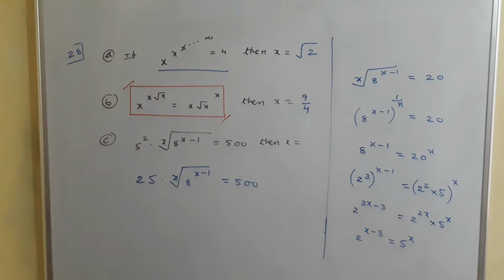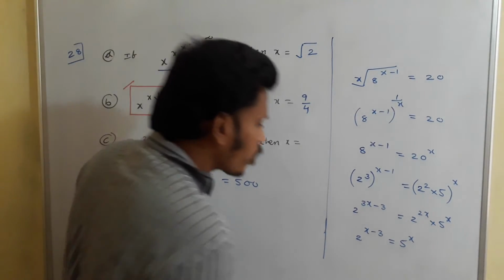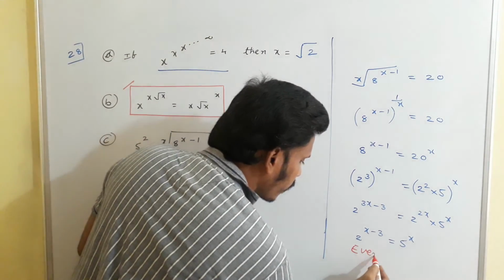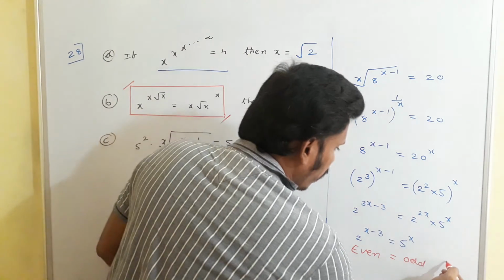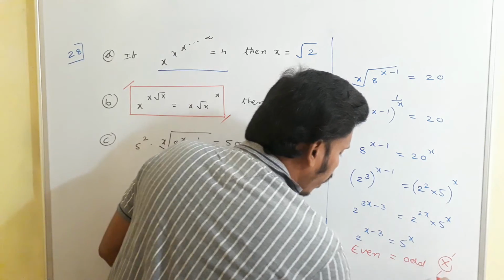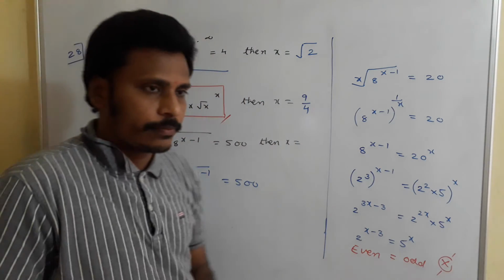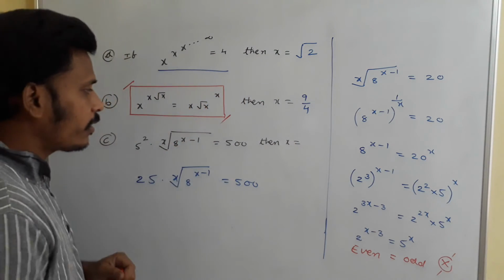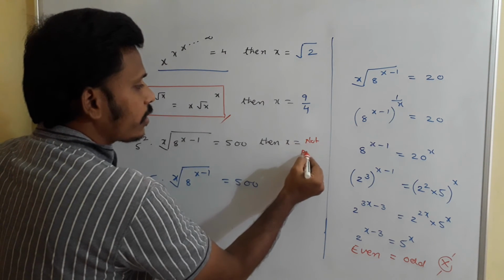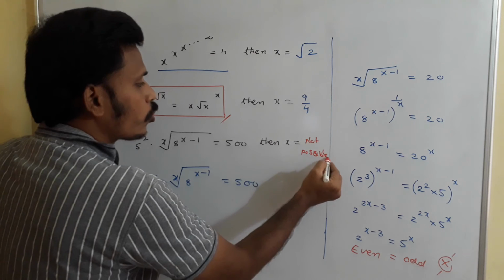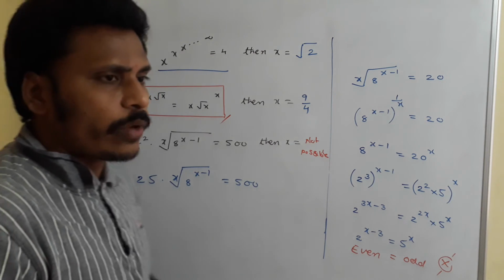Is it clear? What I am saying is this side is always even and this side is always odd. Even and odd won't become equal. So it is a wrong perception, a contradiction. That in turn represents that x is not possible. So at the end, you won't get any x value here.